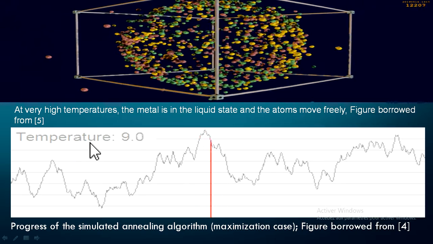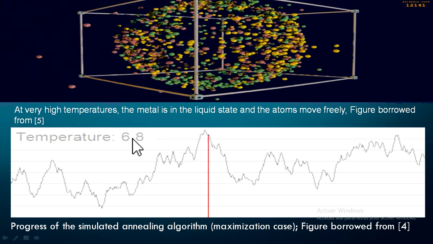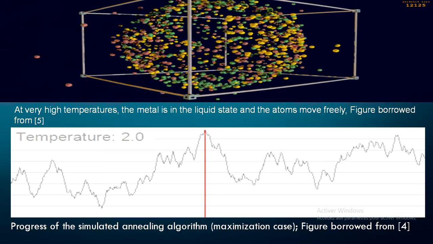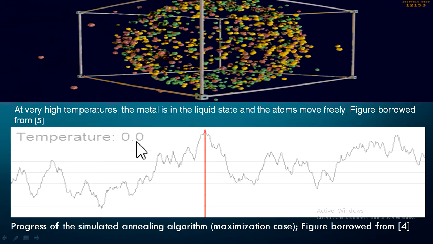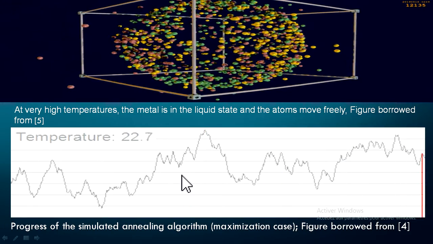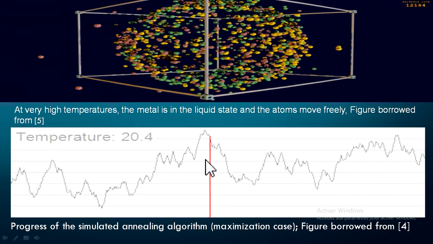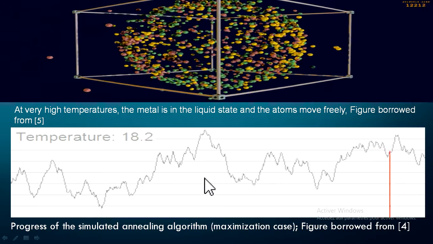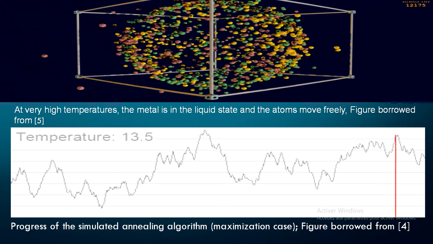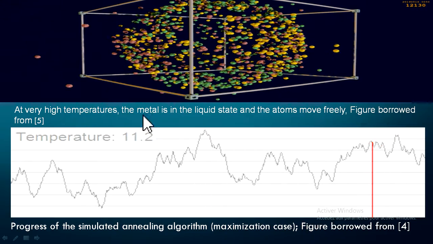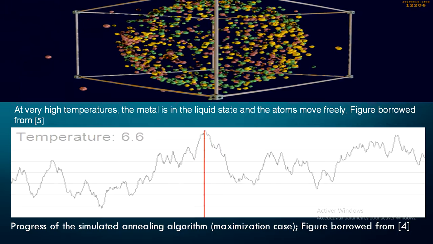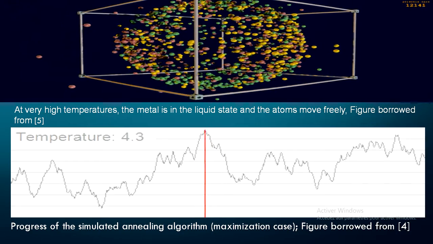So we see the temperature has little values, and the final value of the temperature is 0. The simulated annealing algorithm obtains the optimal value, which is this point, because we are in the maximization case.